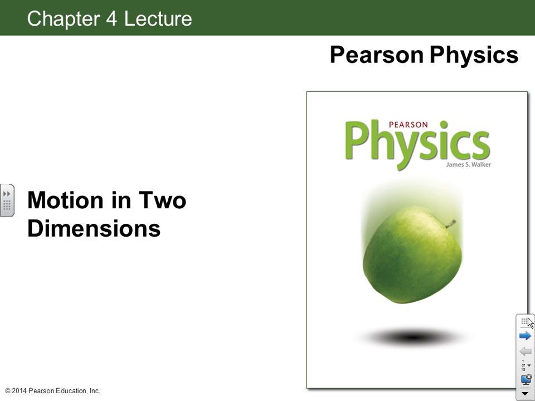But for me, it starts at my hand and it ends at my hand, right? So I could say, to me, it went straight up and straight back down. Left my hand, came back to my hand. But for you guys, because we have different frames of reference, how we represent that motion is different. Kind of like on Friday when we talked about the person walking on the train.